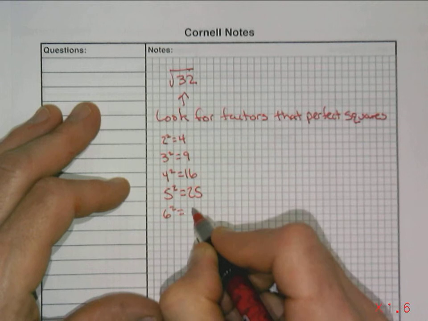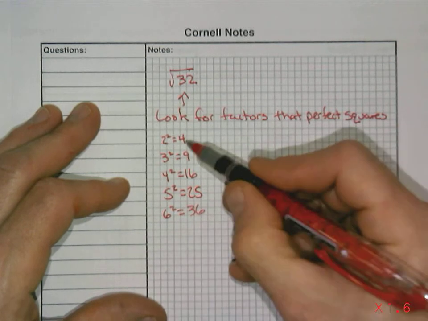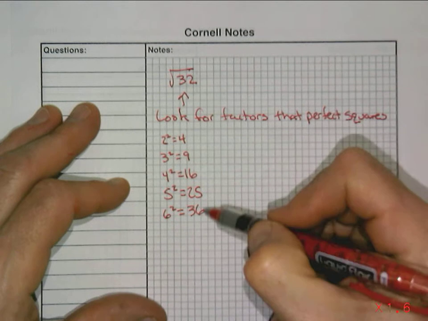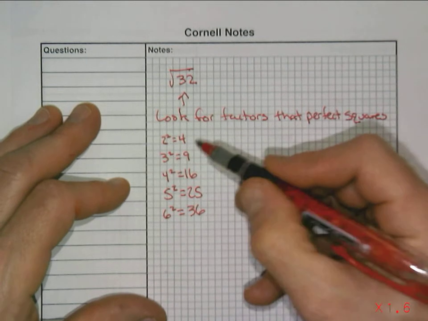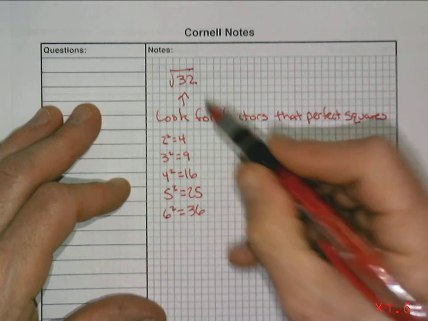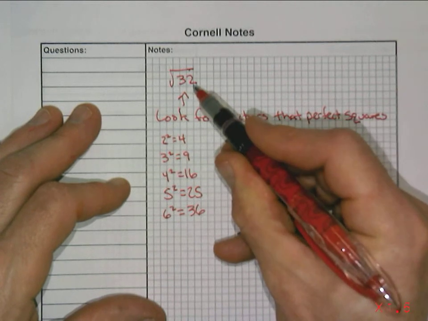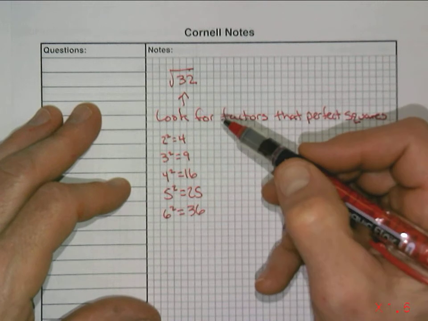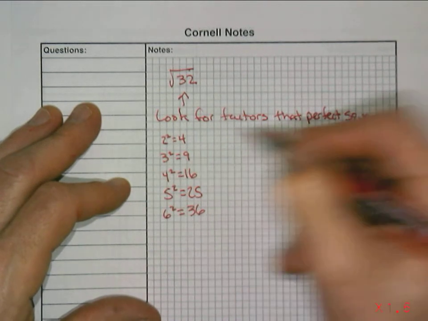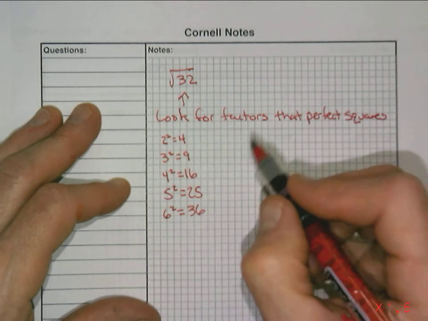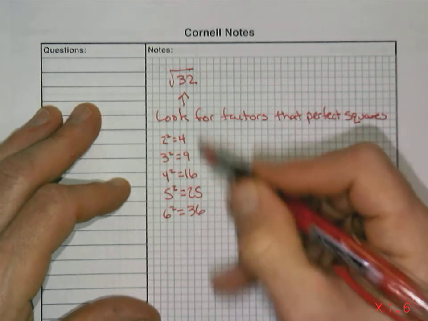So I should know all of my perfect square numbers: 4, 9, 16, 25, 36. These are called perfect squares, square numbers. If any of these numbers are factors of a number, like 16, that means I could factor out the largest one from this.